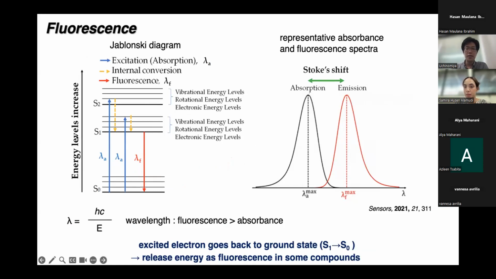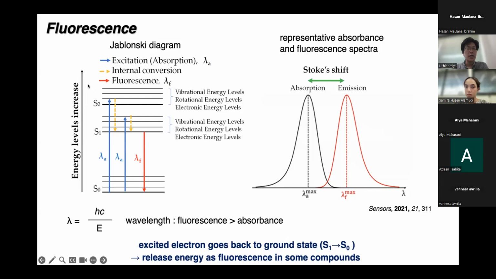Before irradiation of light, the electron is located at the ground state S0. After irradiation of light, the electron moves to an excited state. There are several energy levels like S1 and S2.